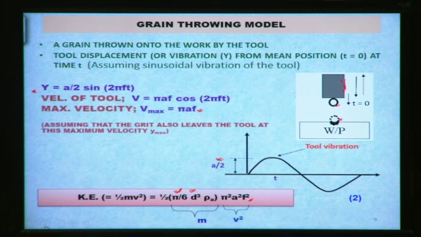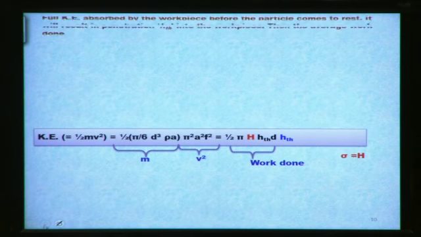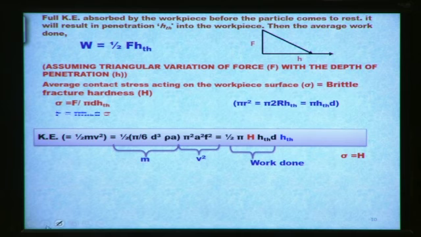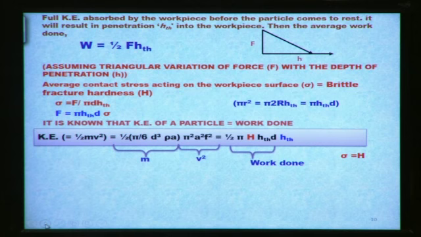So this is mass here, and this is the d square here. Now, one more assumption is that the full kinetic energy of this abrasive particle is absorbed by the workpiece before the particle comes to rest.